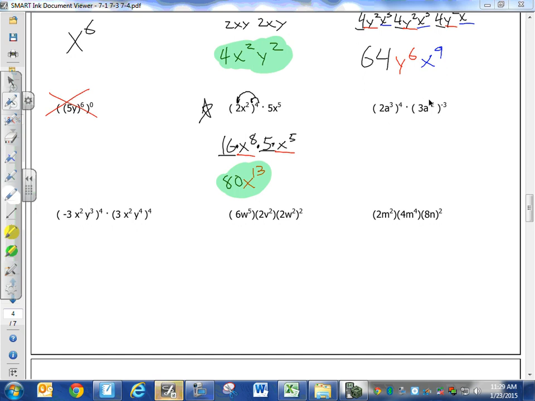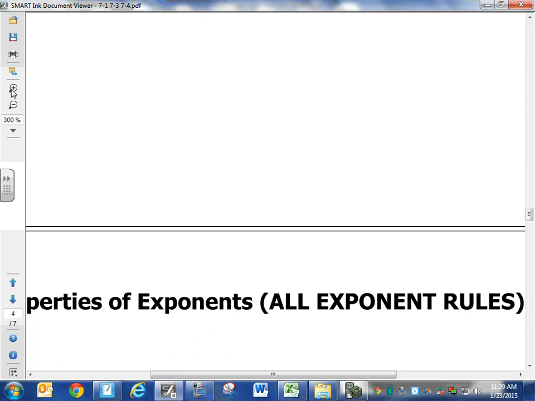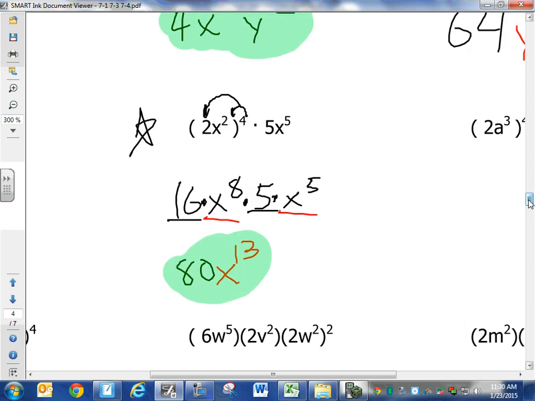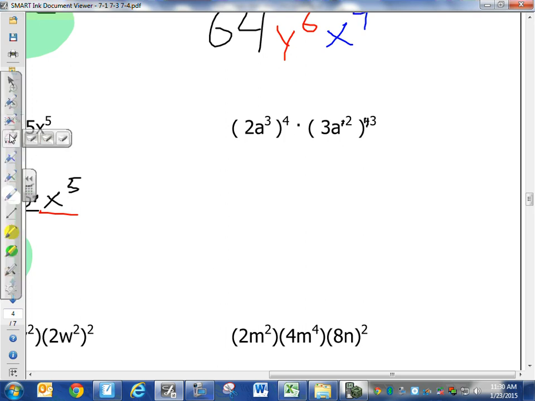Okay. Do this one, only change these negative exponents to positive exponents, okay? We'll talk about the negatives later. So it's 2a, here, let me just zoom in on this guy. 2a cubed all to the 4th times 3a to the 2nd power to the 3rd power.